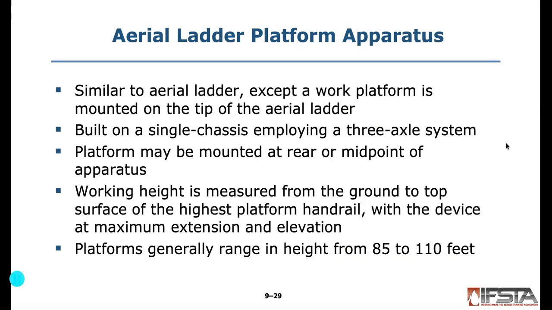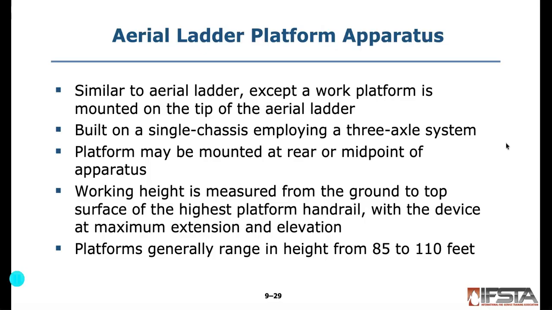Aerial ladder platform apparatus, they're similar to the aerial ladder, except there's a platform or a bucket mounted at the tip of the ladder. These are built on a single chassis. We have one of those in our city, and then 3 tiller trucks. They have a 3-axle system, the single chassis, and then the platform may be mounted at the rear or midpoint of the apparatus.